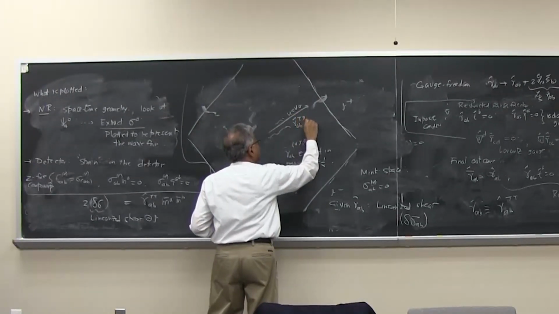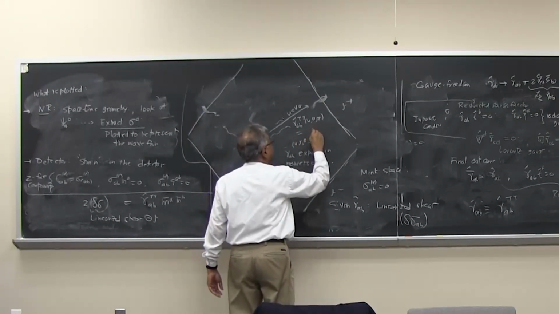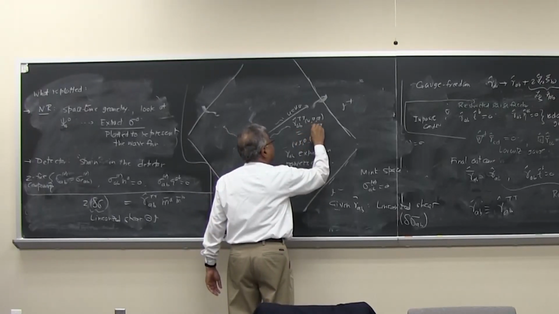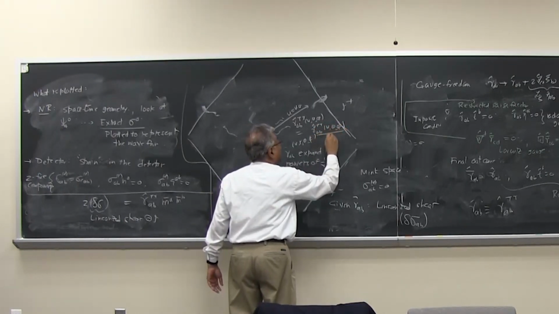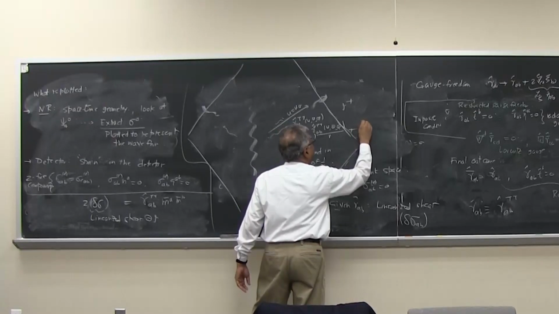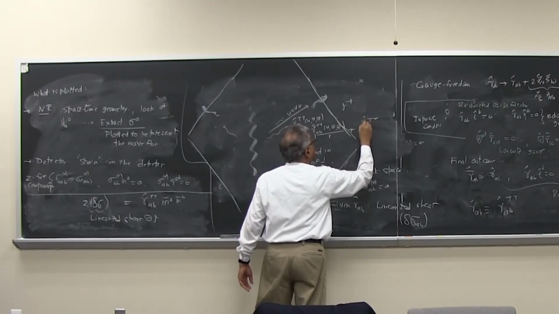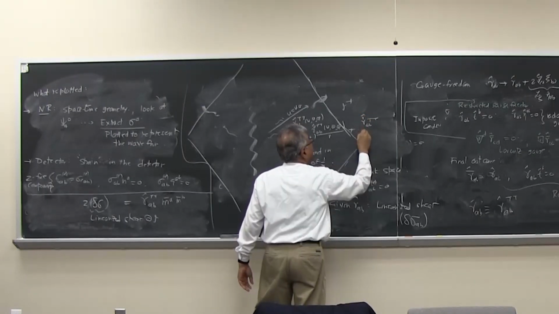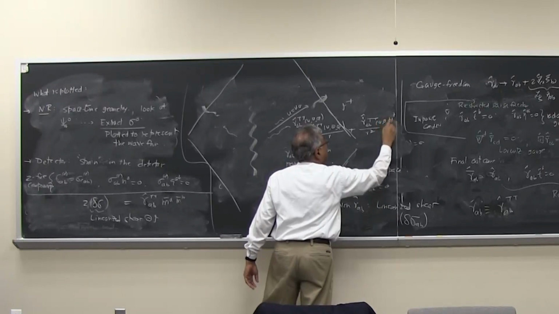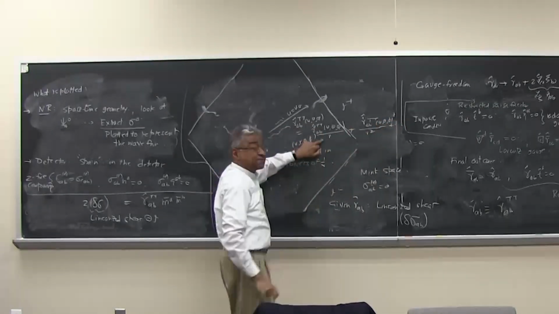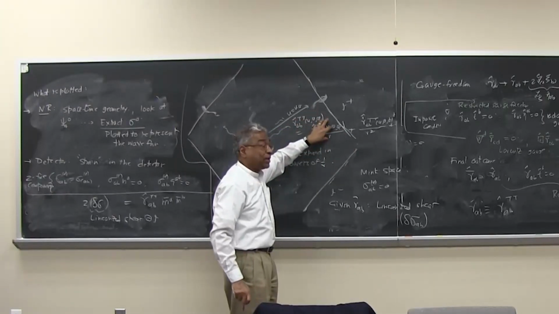And the statement is that if you go to the transverse traceless gauge, and I take the limit of this gamma at AB transverse traceless, u theta phi, and I expand it out as something like gamma naught AB u theta phi divided by r plus gamma 1 transverse traceless AB upon r squared, etc., I do a power series expansion in r, then the limiting field that I get is this gamma naught.